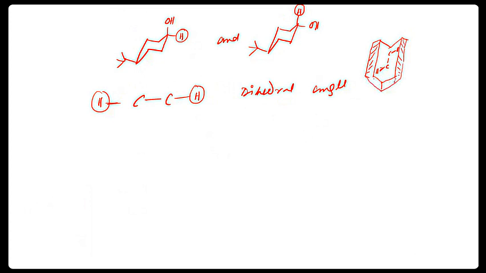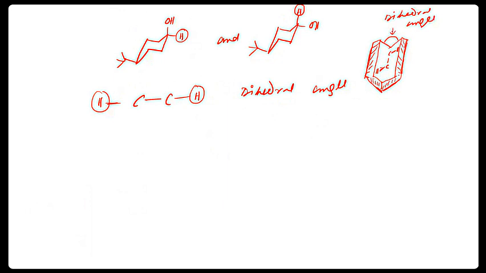Now the picture looks okay. This is the book we have opened, and here we have put the CC bond on the middle junction. One CH bond on this page and one CH bond on this page. Then this angle is said to be the dihedral angle.